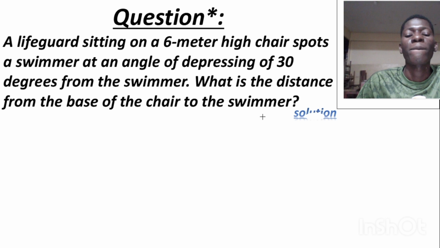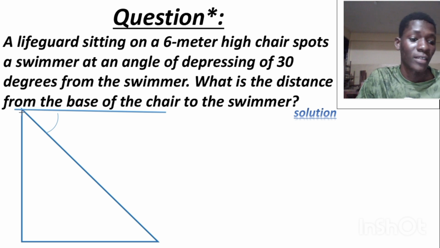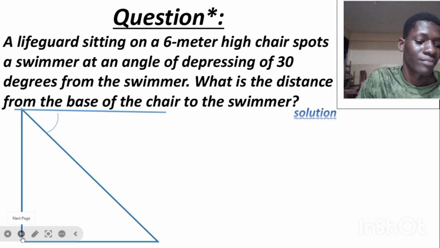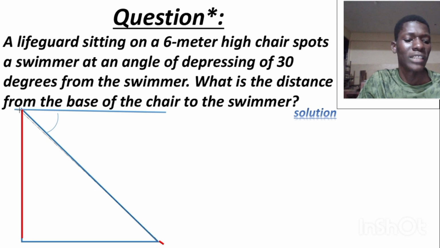Let's say this is the lifeguard chair, and this is where he was sitting on top of it. And here is where the swimmer was. So the line that connected the lifeguard's eyes to the swimmer is this line.